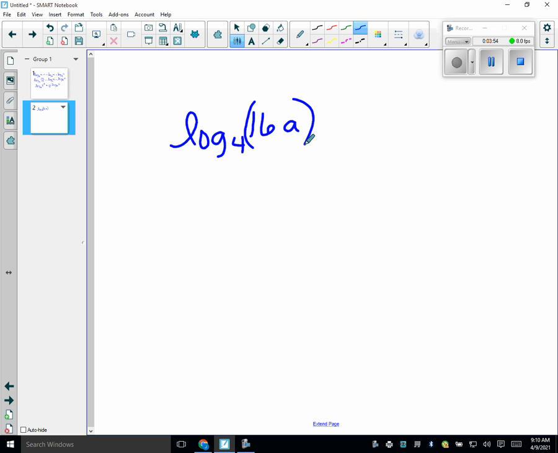the directions say write the logarithms. Make sure I read it how they wrote it for you. Write them as a sum or difference. Simplify as much as possible. Log base 4 of 16 plus log base 4 of a.